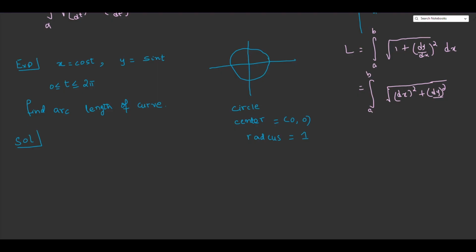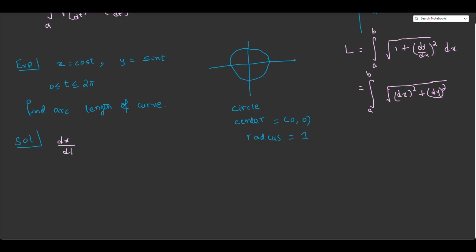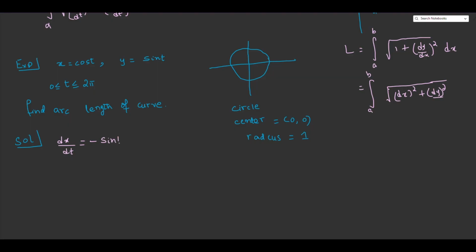So how can we find the arc length of this curve? First of all you need to find dx by dt and then also dy by dt. What is the derivative of cosine of t? The derivative of cosine t is minus sine of t, and the derivative of y is cosine of t. So first of all we substitute these values.